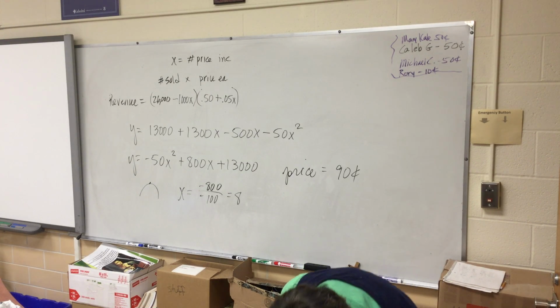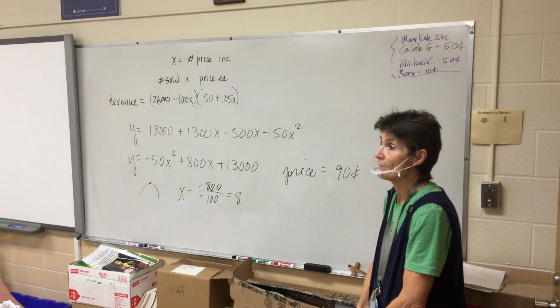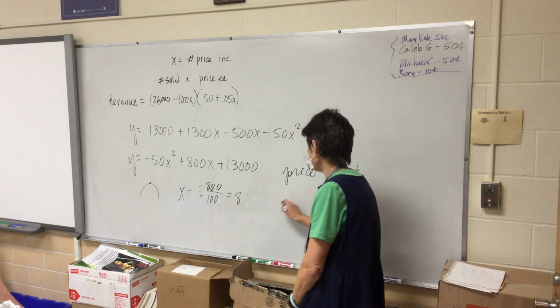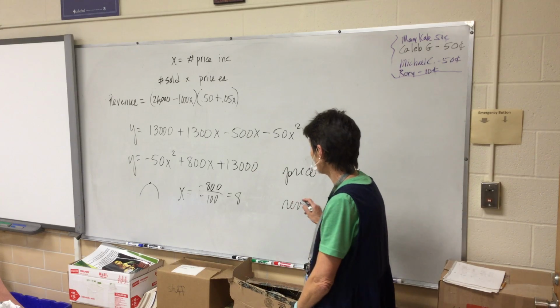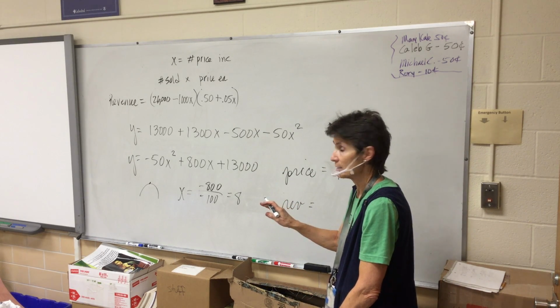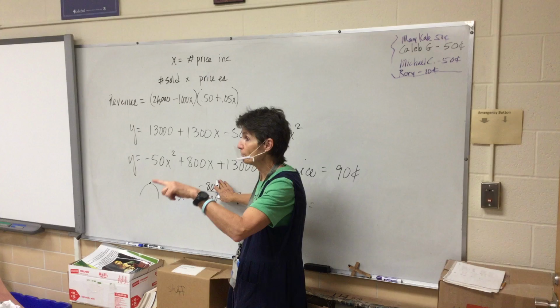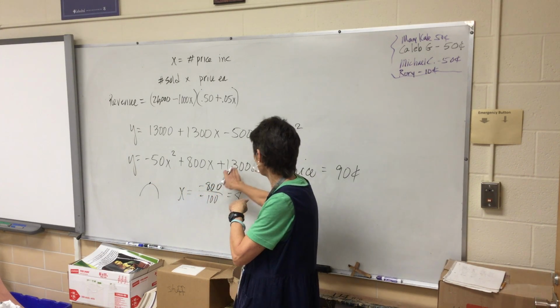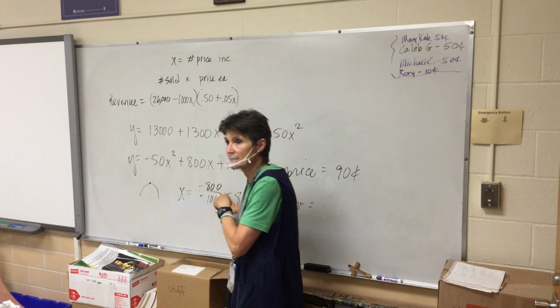Last question is, what is the maximum revenue? So now we want to know what is the actual revenue, and how did we say we could do that? Plug it in. Be careful though, what do you plug in? You plug in your X value. Don't be plugging in the price here.